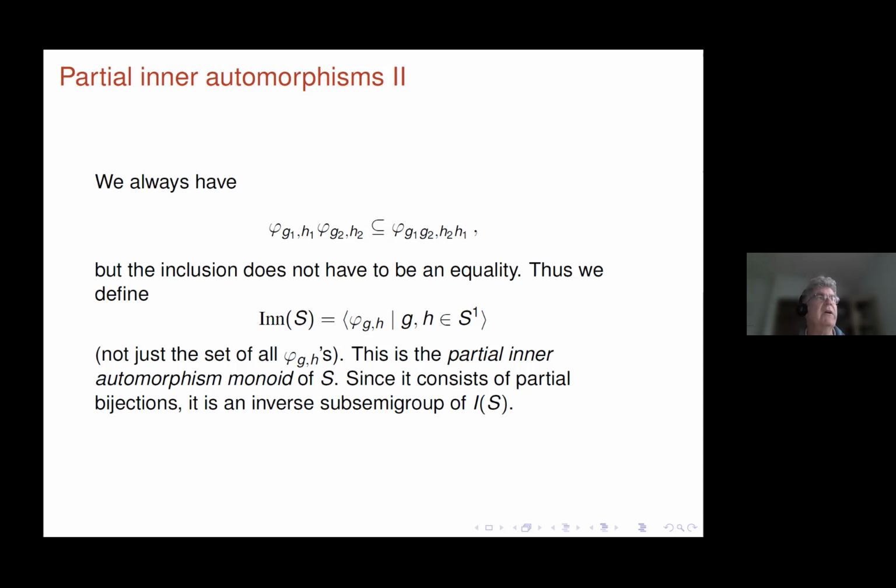So this is unlike the case of inverse semigroups where we were using these particular local sub-semigroups as the domains and ranges. So what we do is we define N of S to be not the set of all these mappings phi, but rather the monoid that they generate.